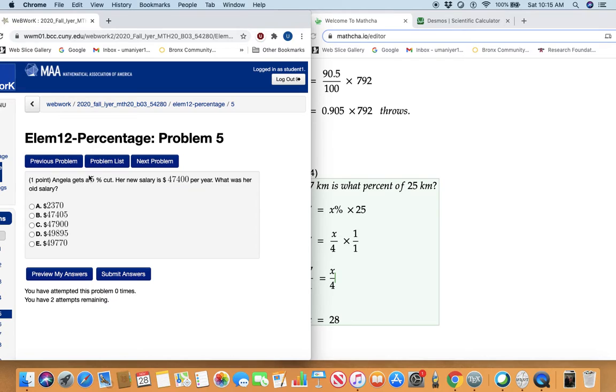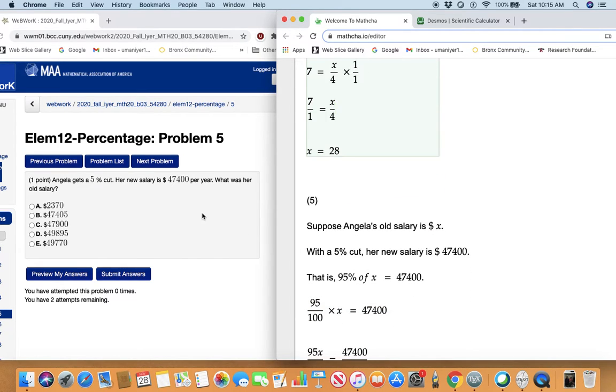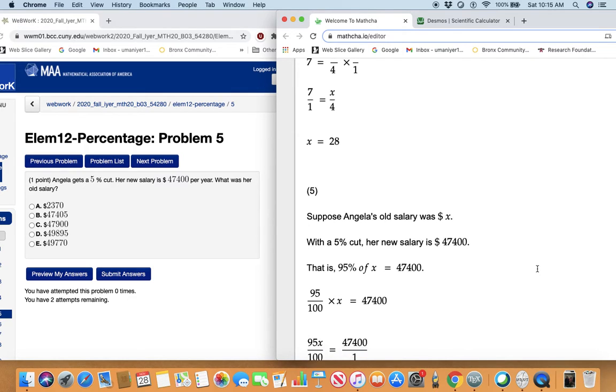Okay. Next problem. Angela gets a 5% cut. Her new salary is 47,400. What was her old salary? Suppose Angela's old salary was X dollars. With a 5% cut, her new salary is 47,400.